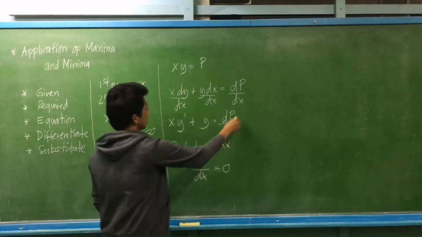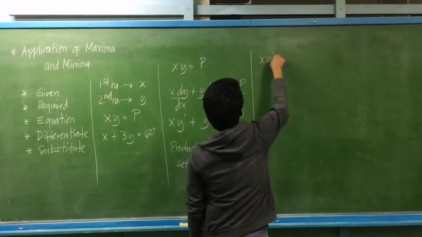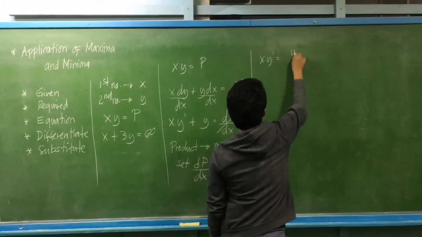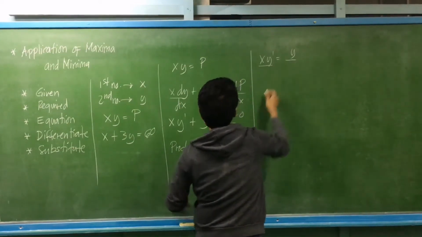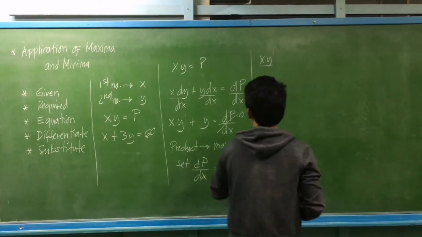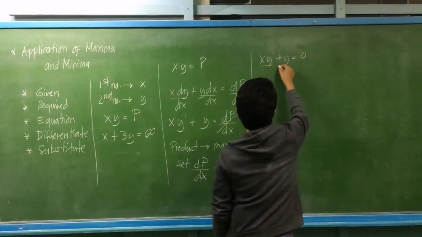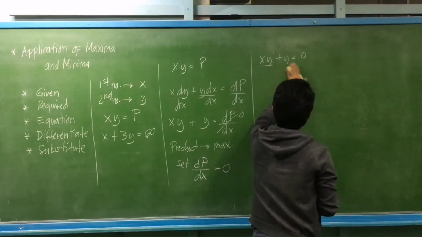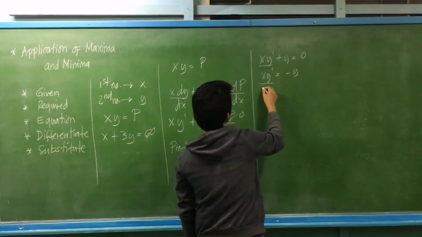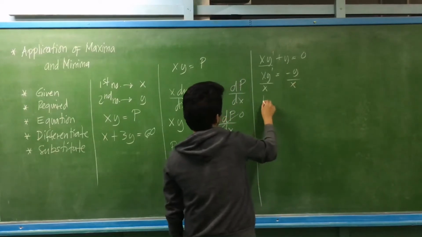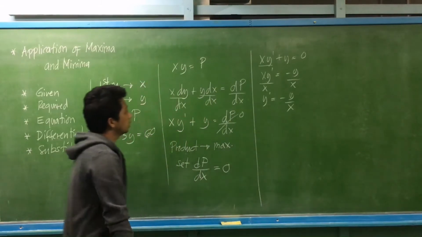So xy prime plus y is equal to 0. Transposing, xy prime is equal to negative y. Dividing both sides by x, you have y prime is equal to negative y divided by x. So this is the equivalent of y prime.